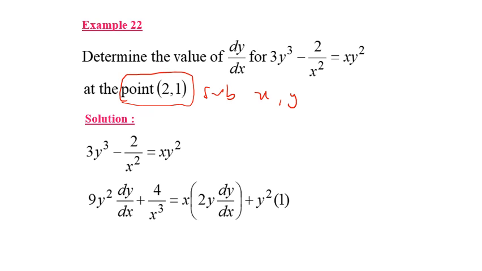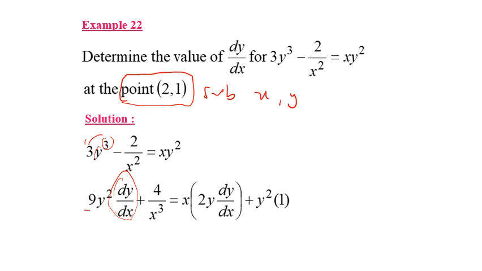So let's see here, we have 3y to the power of 3, so we just differentiate the power first. So 3 will bring to the front and be 9, and the degree will reduce by 1, so it will be y squared. And then don't forget, since it is y, you have to multiply with dy dx, right? And then here, negative 2 over x squared.